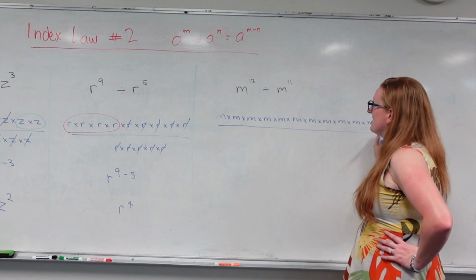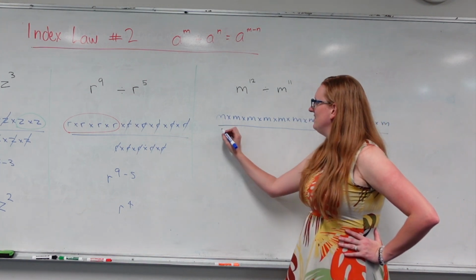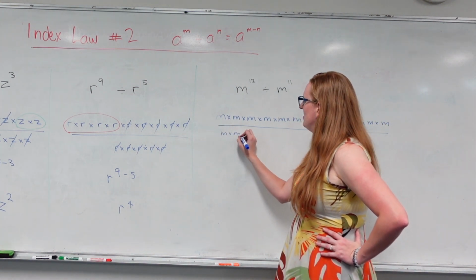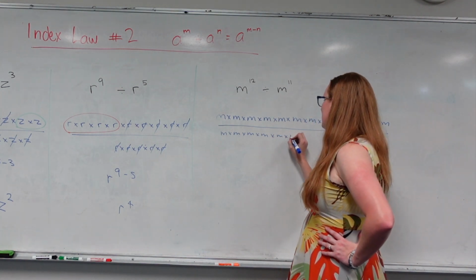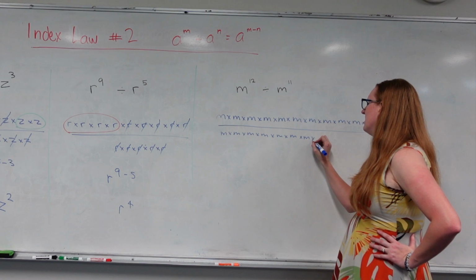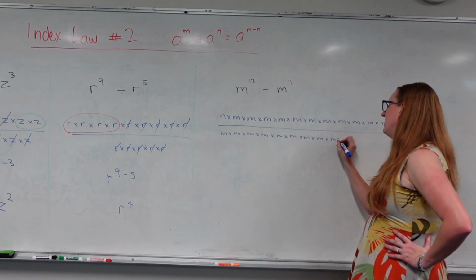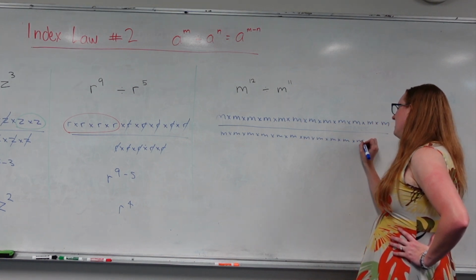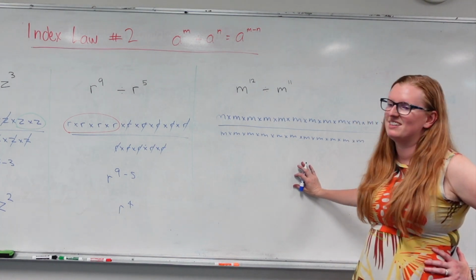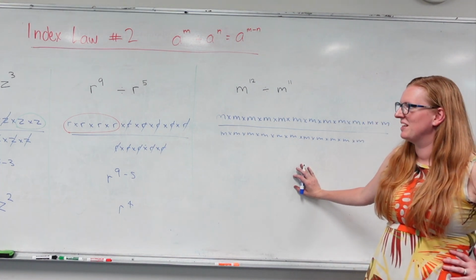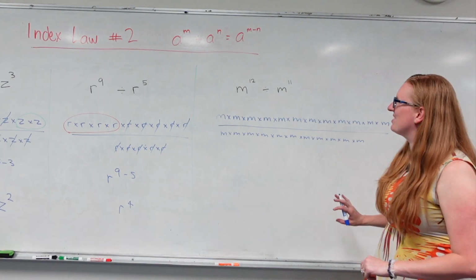All right, and then it's divided by 11 m's. 1, 2, 3, 4, 5, 6, 7, 8, 9, 10, 11. Never let me write my own questions again. I come up with terrible questions. Anyway, all right, let's get crossing.